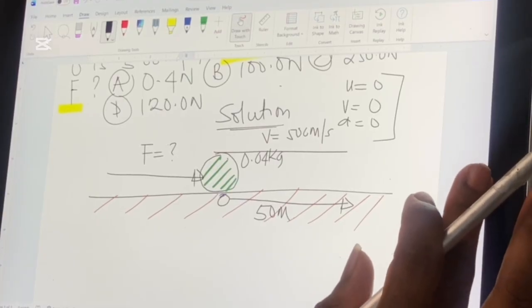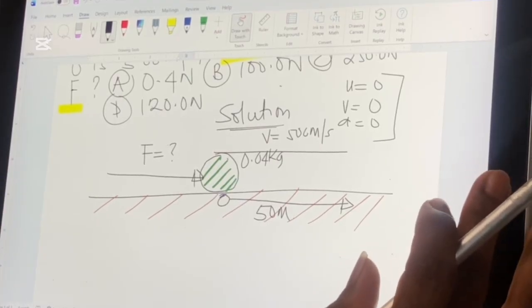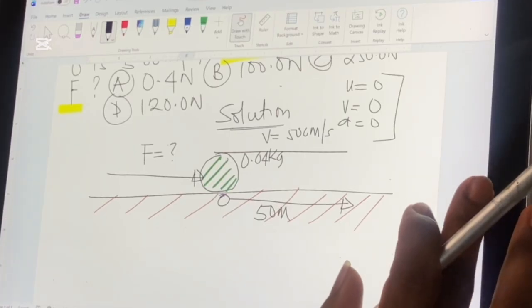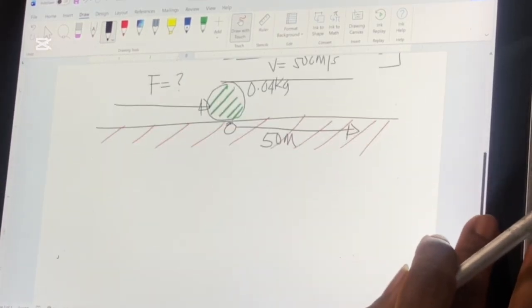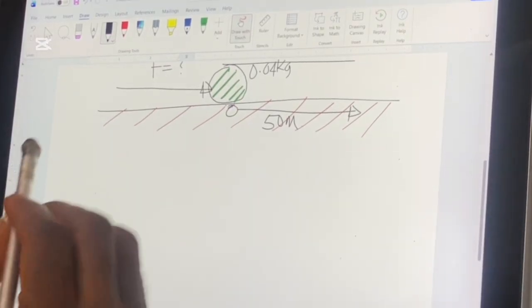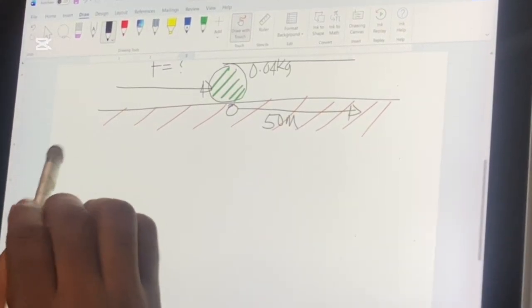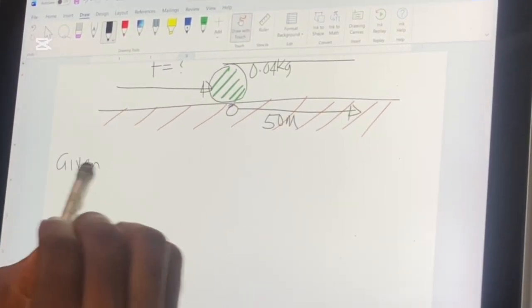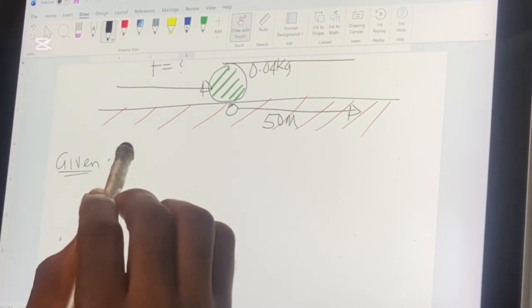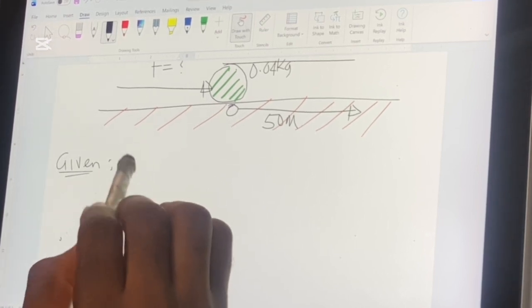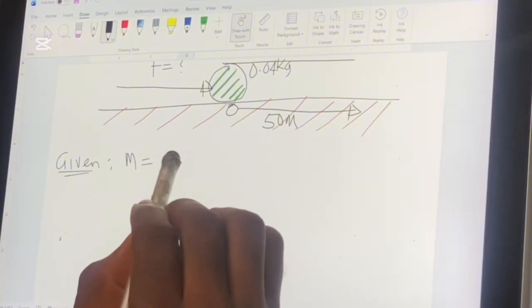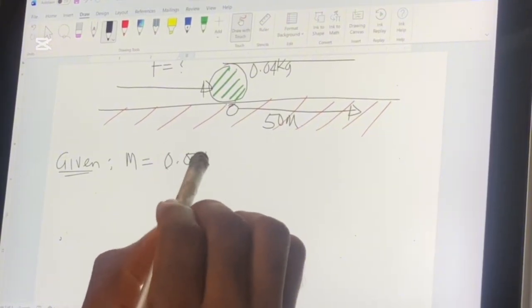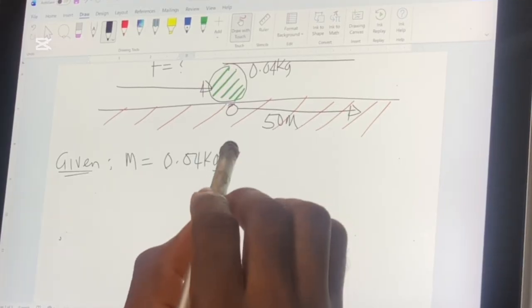Whenever you have a question like this in physics, the first thing to do is to list out the given parameters. Okay, now let's list out the given parameters. The first one is mass, and the mass is 0.04 kg.